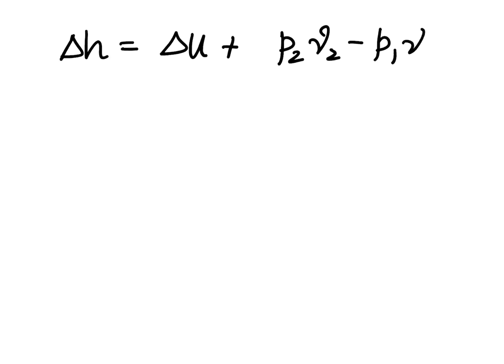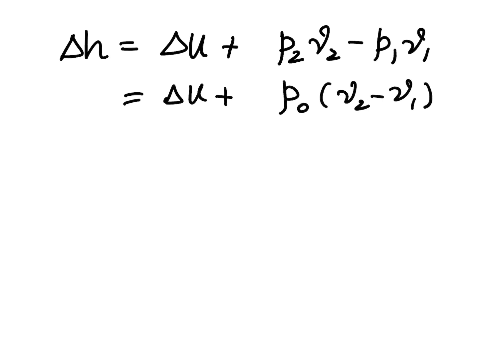So delta H equals the internal energy change, which we just now saw how to calculate, delta U plus P2 V2 minus P1 V1. I'll write this as delta U plus P0 times V2 minus V1, which is P0 times the change in volume. That would be the work done. So delta H is delta U plus W.